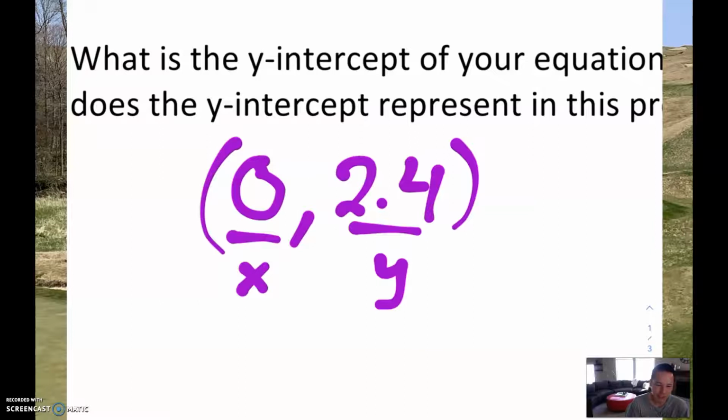So when the temperature is 0 degrees Celsius, which we're probably more familiar with as 32 degrees Fahrenheit, pretend it's a chilly morning, you maybe got to throw a jacket on to stay warm. When it's 0 degrees Celsius, the gap size, that's your y coordinate, is 2.4 centimeters.